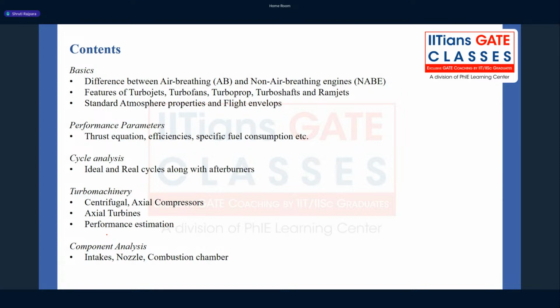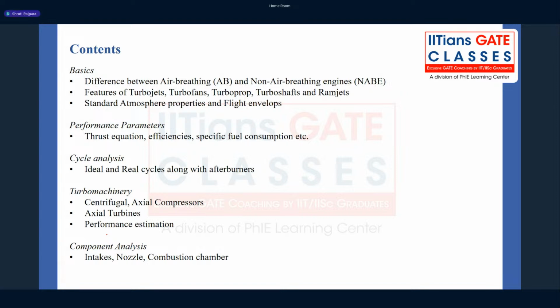Then, any kind of engine works on a thermodynamic cycle. So we'll understand the thermodynamic cycle of each engine, and we'll see an ideal versus real cycle comparison. Ideal cycles are those in which we assume that everything behaves perfectly, like all the processes happen without any kind of losses.